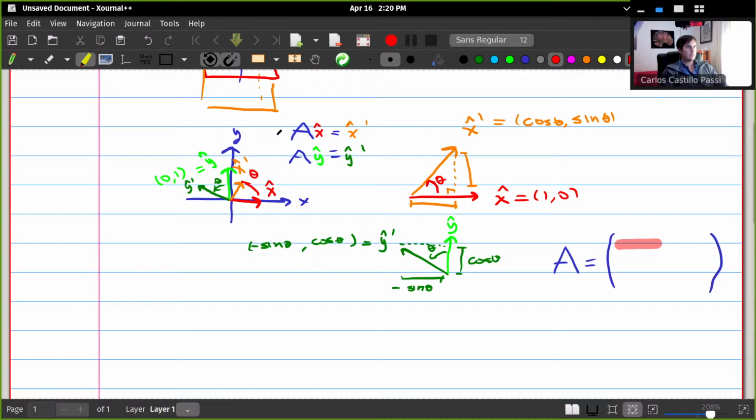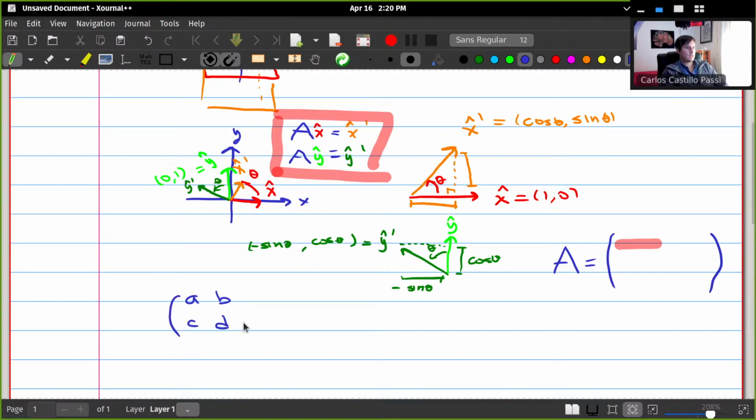Okay, so let me write this again so you can see the relationship more clearly. This is A, B, C, D. When we do it with x hat, we are basically doing 1, 0.